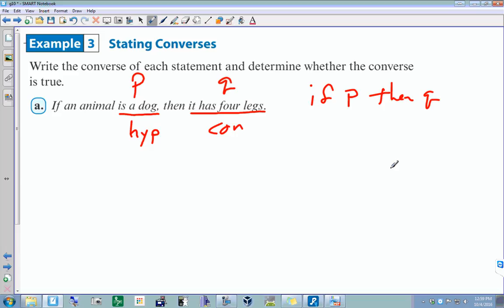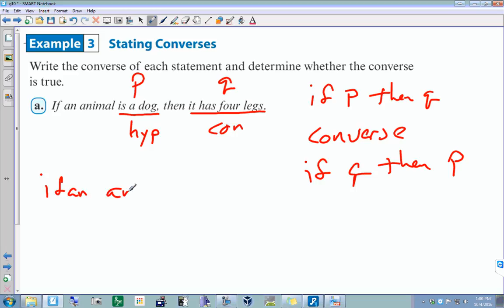We use Q to represent some statement, whatever it is. So if P, then Q. Now, if I want the converse, that becomes if Q, then P.